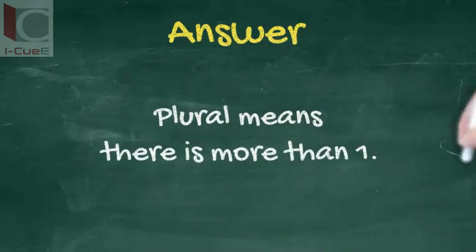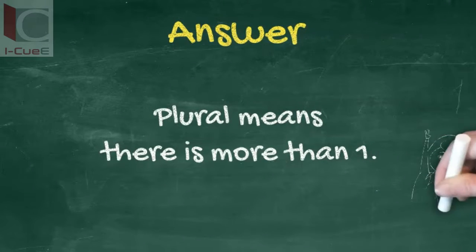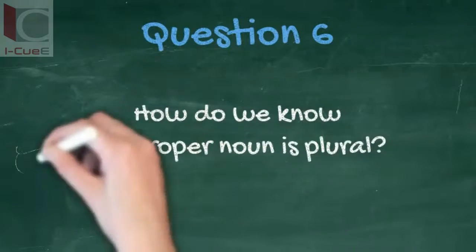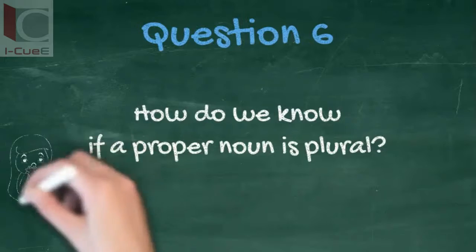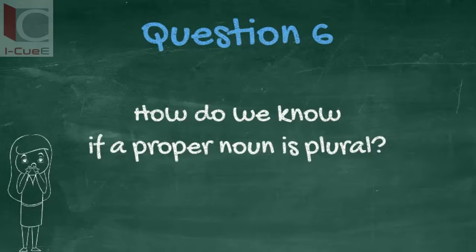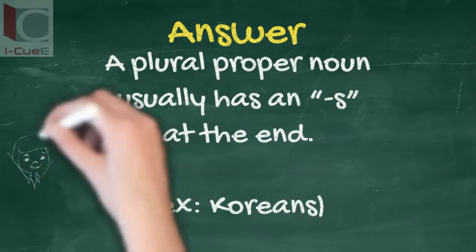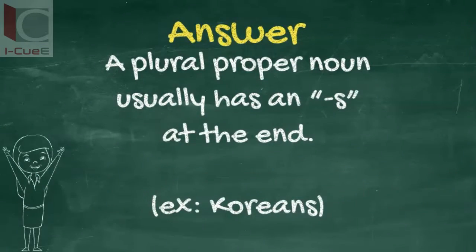Plural means there is more than one. How do we know if a proper noun is plural? A plural proper noun usually has an S at the end. Example, Koreans.